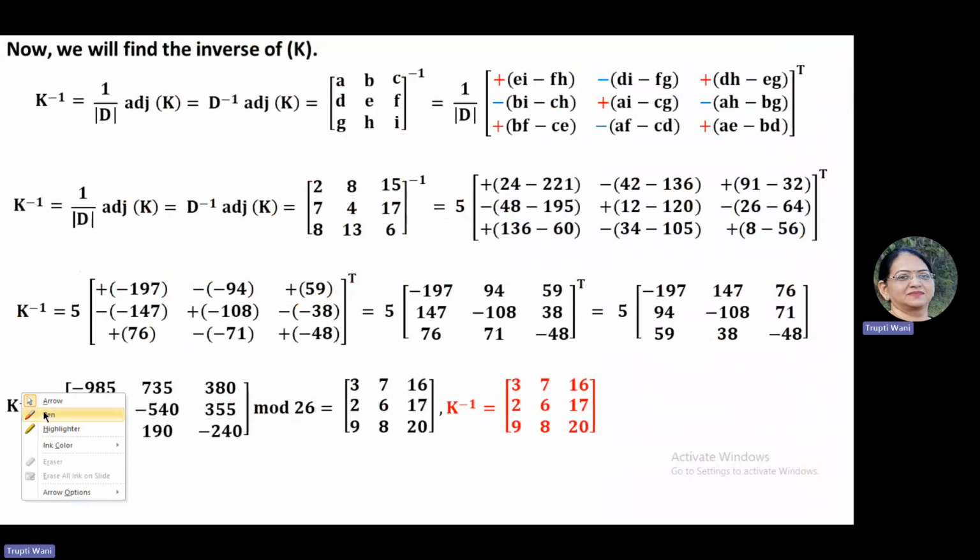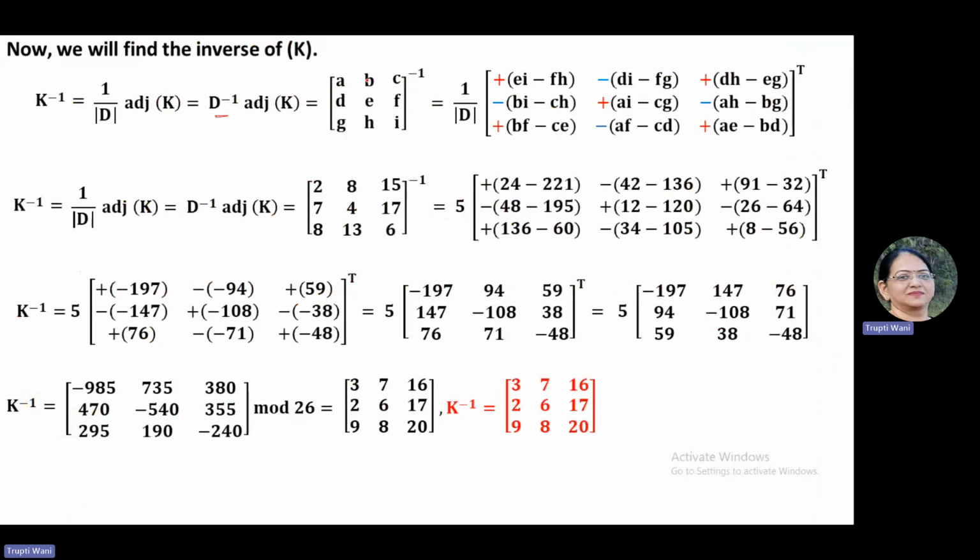Now the next step is we have to find out the adjoint of K. We got D inverse, that's 5, and now we want to find out the adjoint of K. Again, for the adjoint of K, use this method. For this element, just EI minus FH.